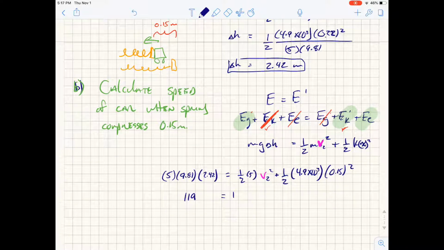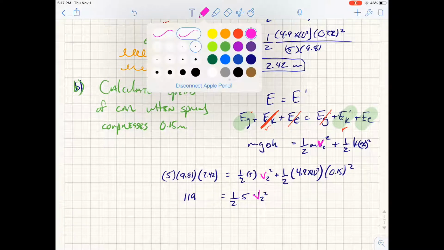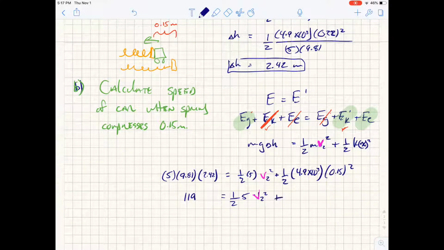times 1/2 5 V2 squared. And the number for our EE, when you crunch those numbers, seems to be 55.1 joules. So 55.1 joules of the original 119 have been spent or have been transformed into EE.